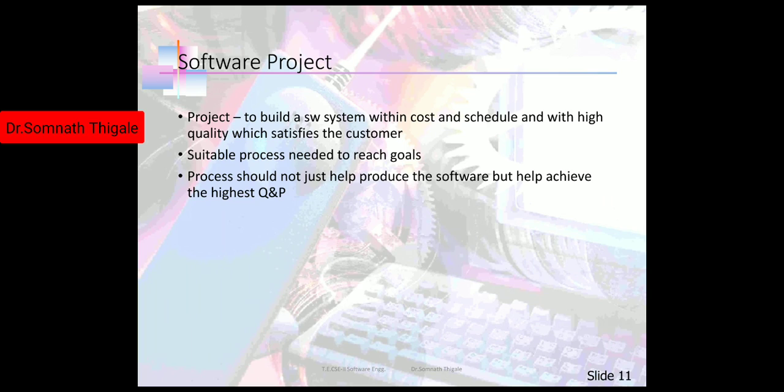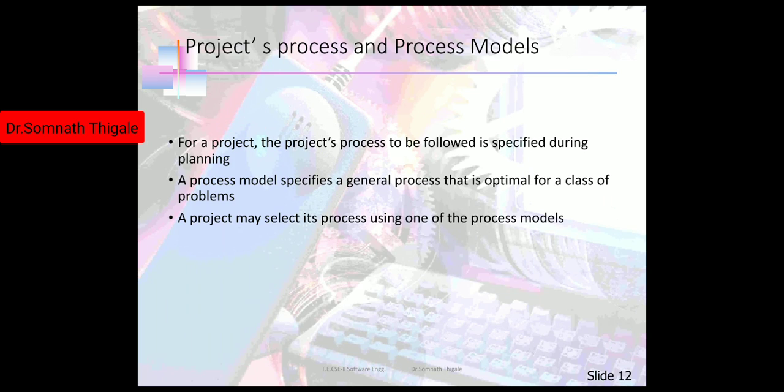So project means what you are going to do. Second, process: how you are going to achieve it. It talks about what to do, how to do, and when to do to reach a certain goal.